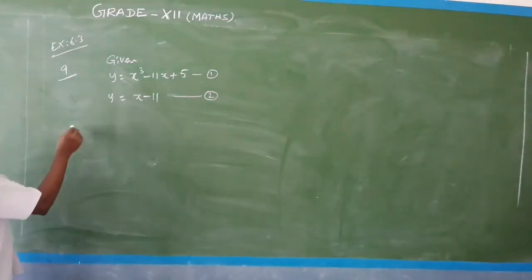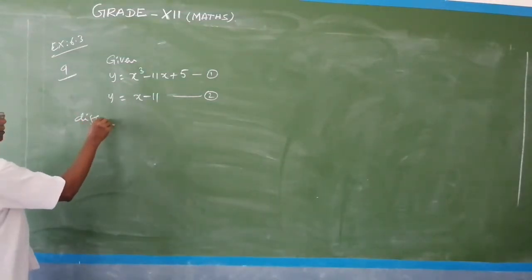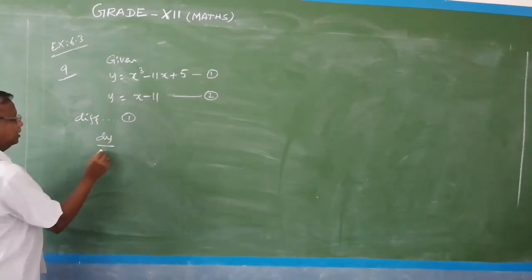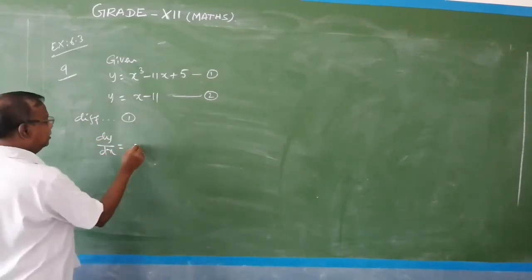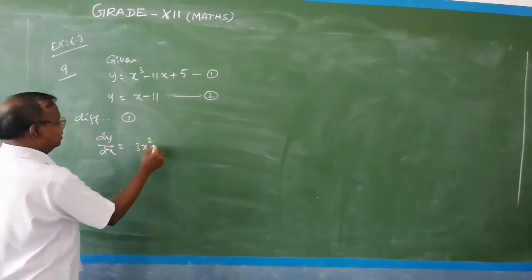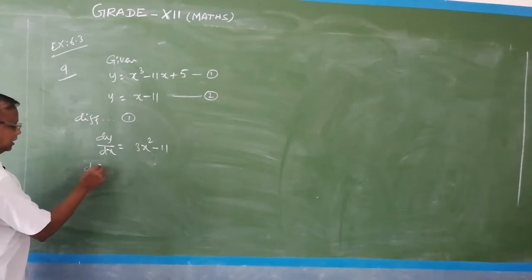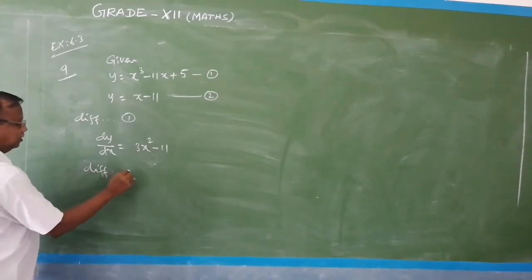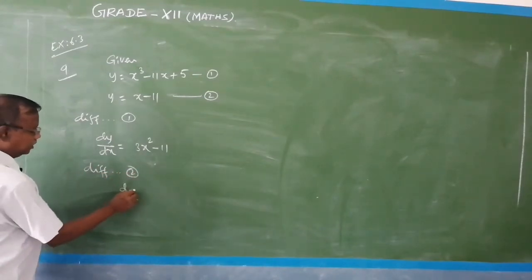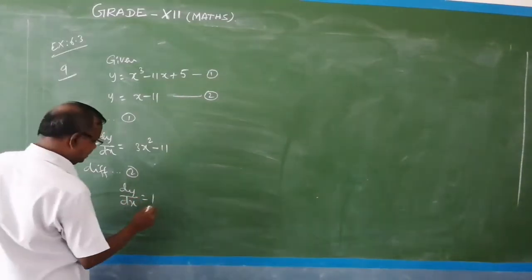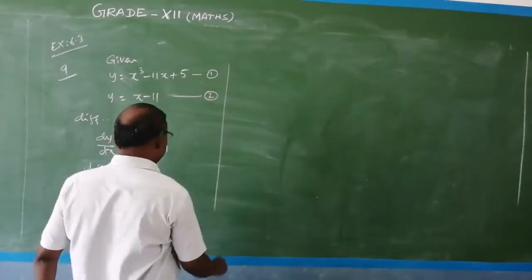Now differentiating equation 1, we have dy by dx equal to 3x square minus 11, and differentiating equation 2, we have dy by dx equal to 1. That means the slope of tangent is 1.